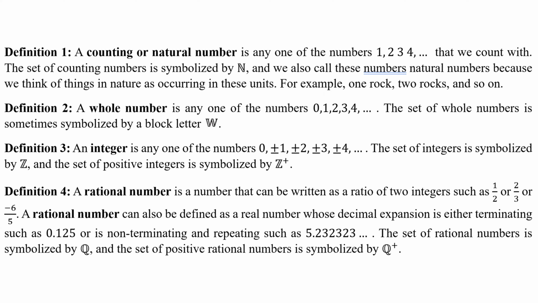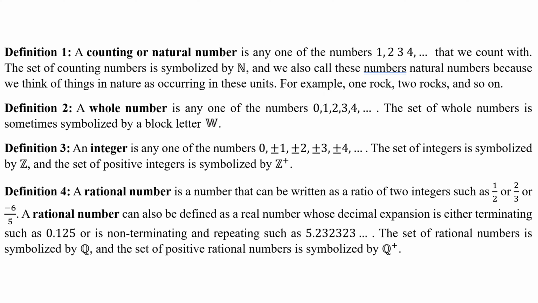And the set of integers is symbolized by a block letter Z, and the set of positive integers is symbolized by Z plus. Now, if you think of the number line, the points on the number line correspond to what we call real numbers. And they're called real numbers because we think of the real numbers as the numbers that apply to the real world.